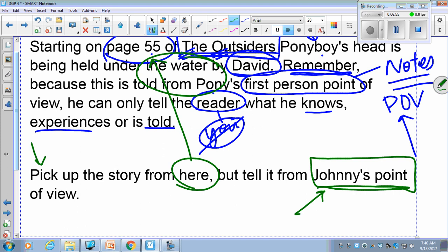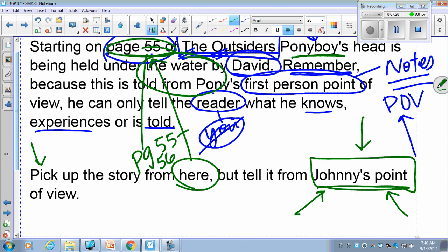Ponyboy can only tell us what he knows. Remember, he kind of blacked out. He saw red. If you go back and read this on page 55 on to page 56, you will see that Ponyboy is underwater. Johnny, we have no idea, and this gives you your creative writing option to pick this story up from Johnny's point of view. Let me know what questions you have.